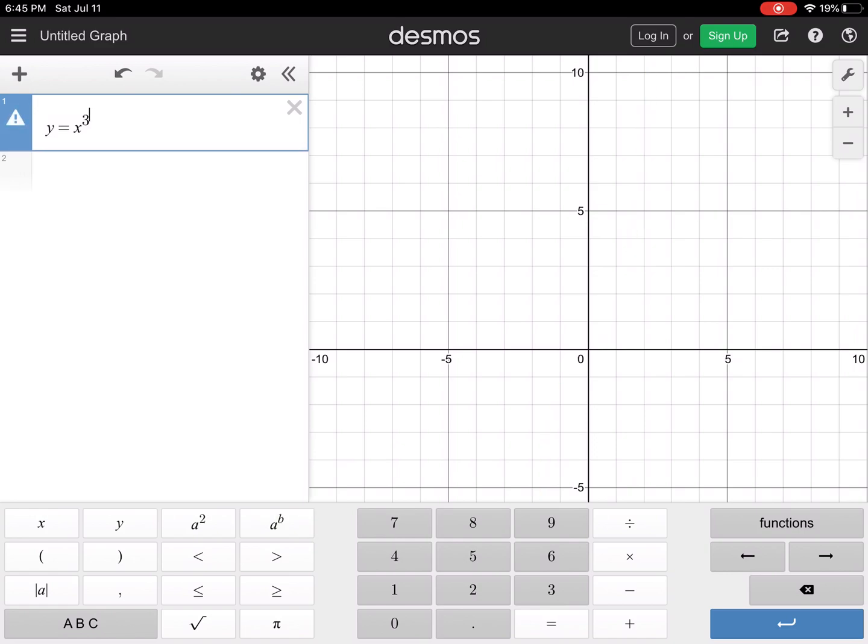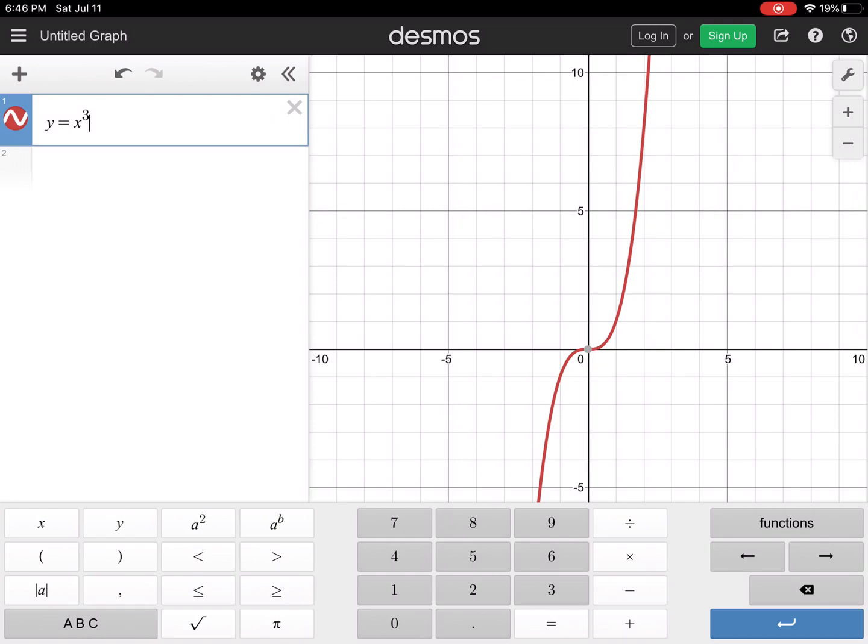Okay, so there's your x cubed. There's a sort of a cubic function right there. Okay, there we go. So there's x cubed.